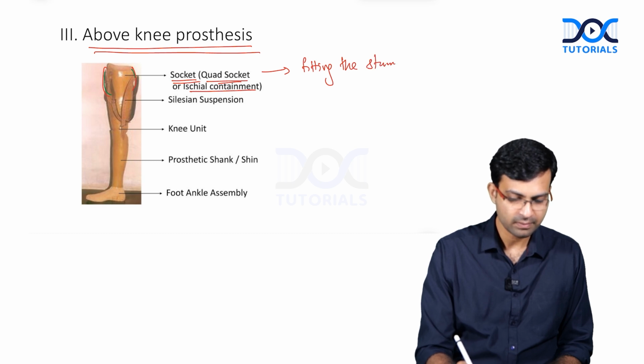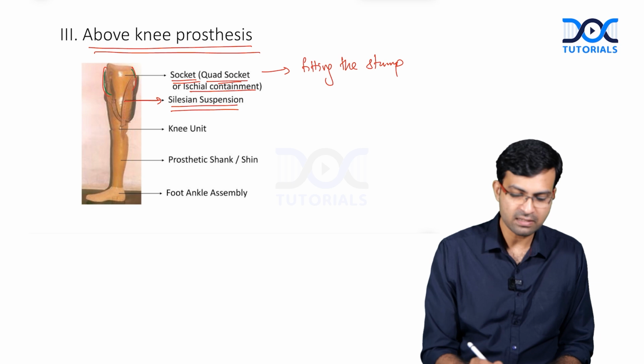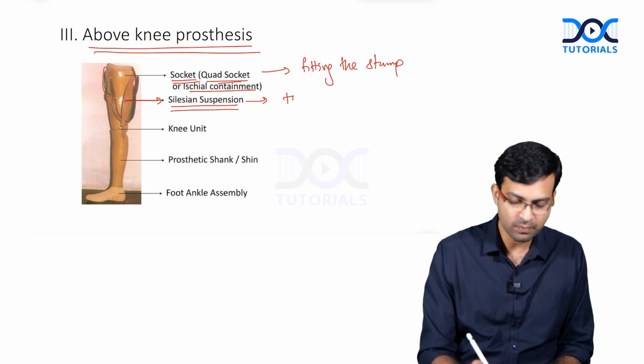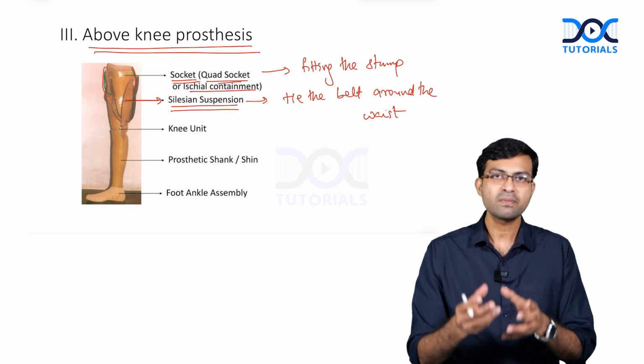Then you have a belt like this, which is called the Silesian suspension. That can be asked as an MCQ. The Silesian suspension is used to tie the belt around the waist. This is to prevent the prosthesis from sagging down.